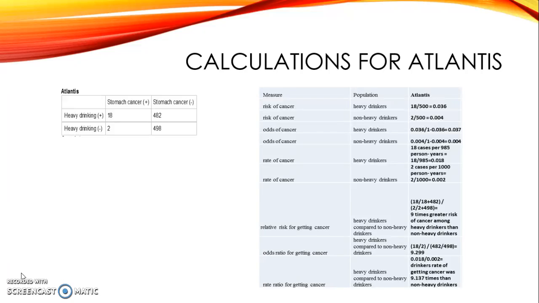Going back to the variables I used before, 18 will represent A, 2 will represent C, 482 will represent B, and 498 will represent D. So in my formula, it's 18 divided by 18 plus 482. 18 is the disease and the exposed, divided by 18 plus 482, which is the total population of 500. We divide that by 2, which represents the disease and no exposure, so 2 divided by 2 plus 498. 2 plus 498 is 500, which is the total population.